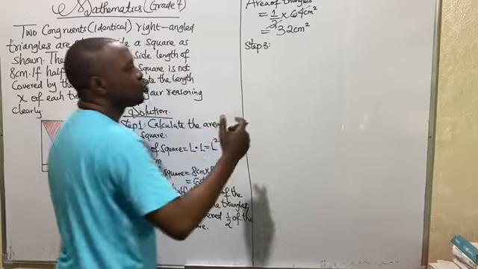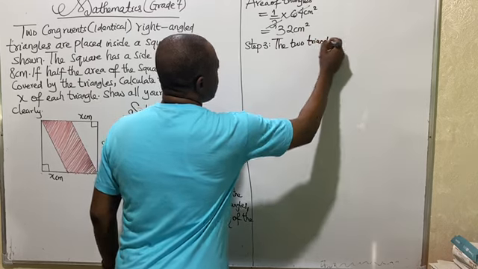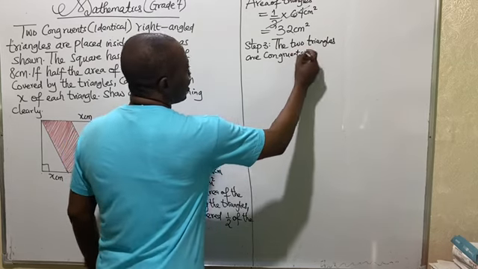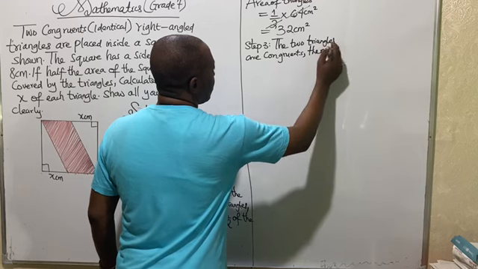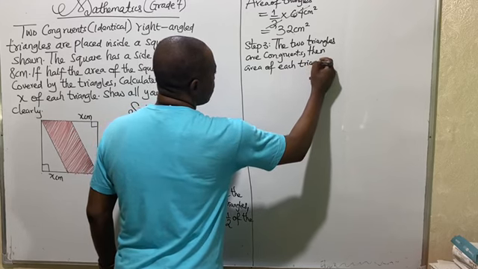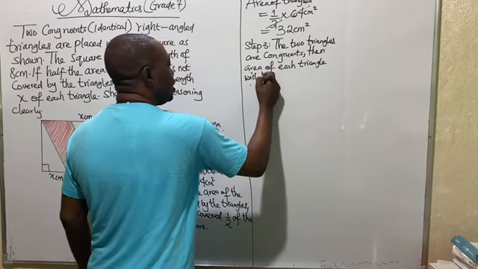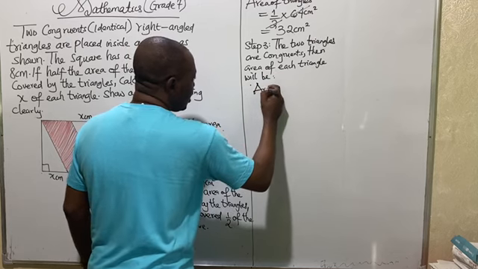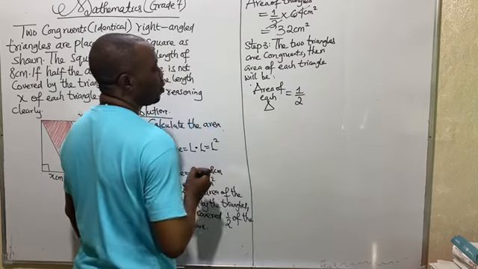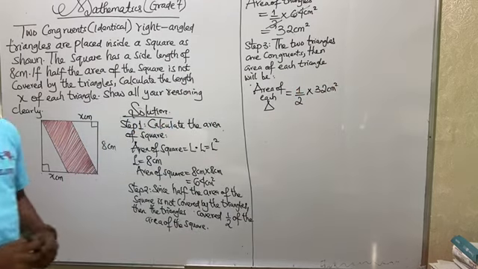Since the two triangles are congruent, the area of each triangle will be 1/2 multiplied by 32 square centimeters.